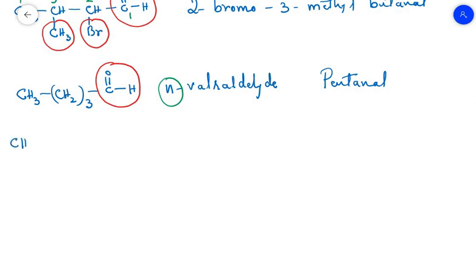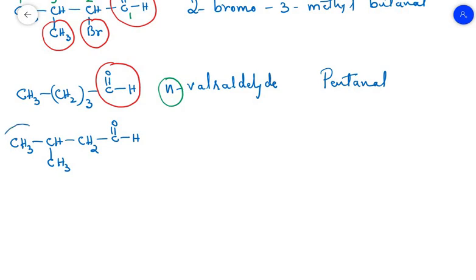Next example, CH3 CH, CH3, then followed by CH2, then C double bond O and H. So in this compound totally there are 5 carbon atoms, and those 5 carbon atoms are 1, 2, 3, 4, 5, and commonly we can write it as valeraldehyde.